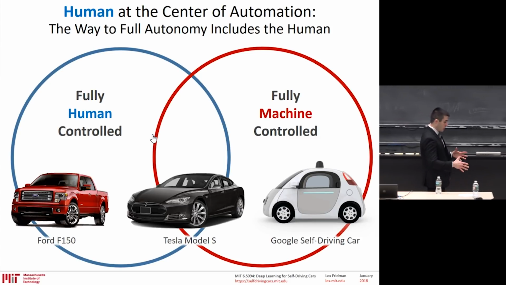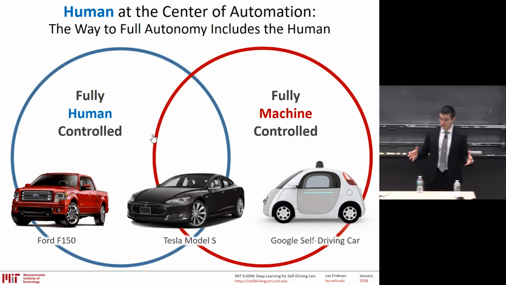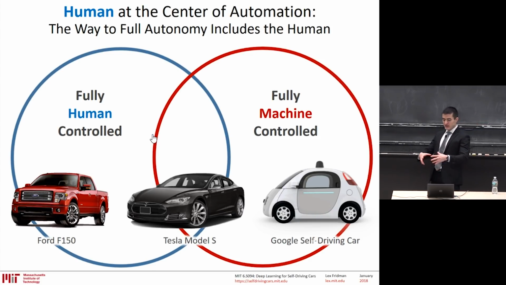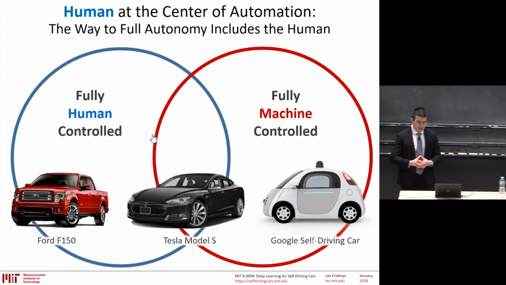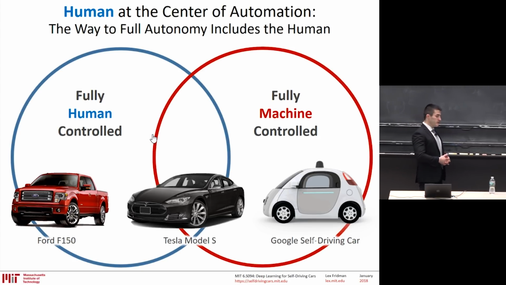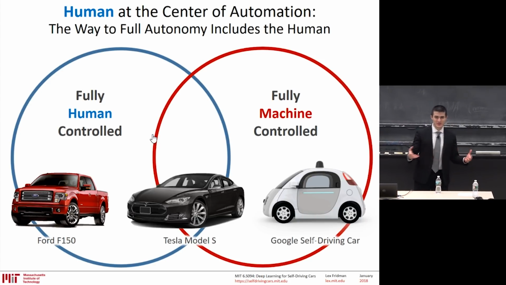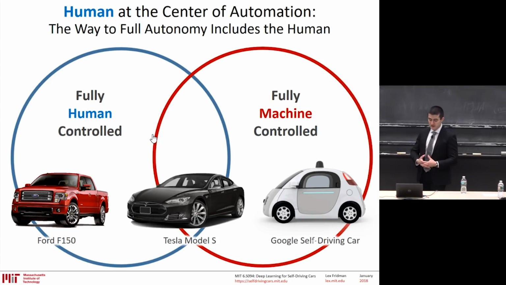The most popular car in the United States today is the Ford F-150. No automation. The thing that inspires us and makes us think that transportation can be fundamentally transformed is the Google self-drive, the Waymo car, and all our guest speakers and all the folks working on autonomous vehicles.